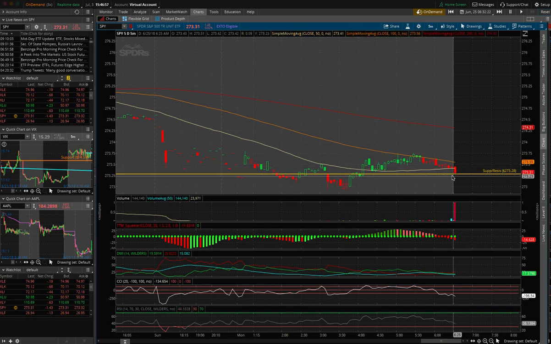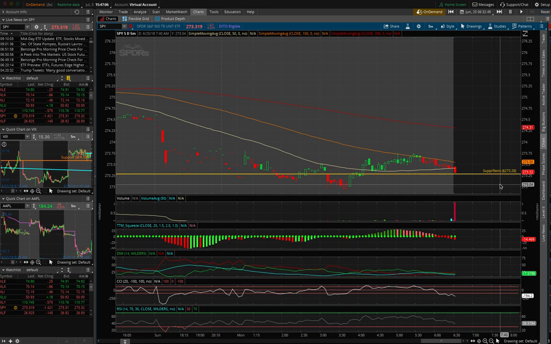And we're at our support line here. So it's trying to hold. So as of right now, it looks like it's a good support area.